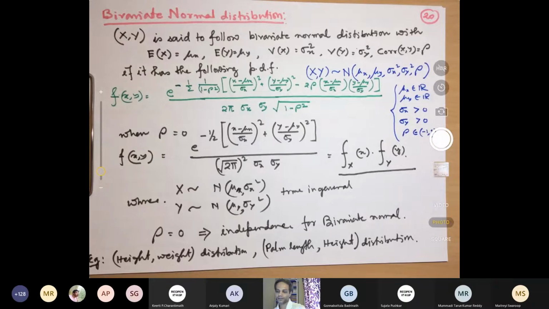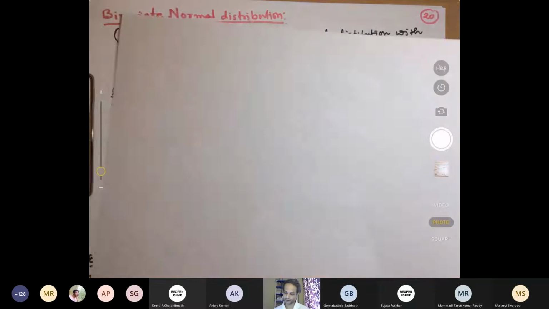The interesting fact that we specially look for is the conditional distribution of the bivariate normal. That means the conditional distribution of y given x.